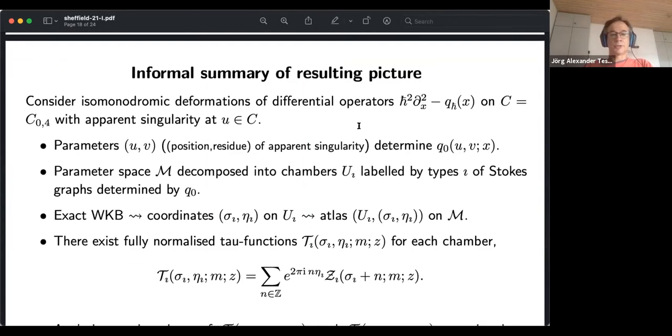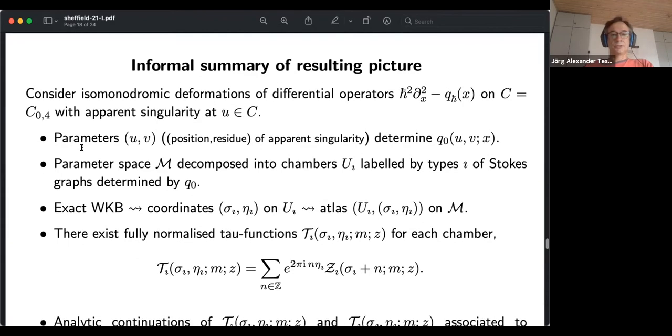So what we're considering one more time is the isomonodromic deformations of differential operators of this form. We can do it more generally, but just for the sake of illustration and to keep things simple, we've picked the case of the 4-punctured sphere, and then Q_ħ would have a single apparent singularity at a point u on that Riemann surface.